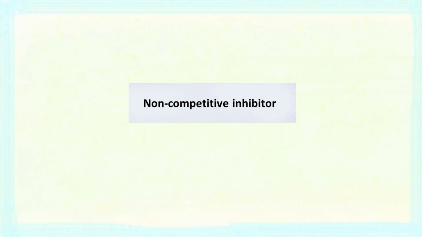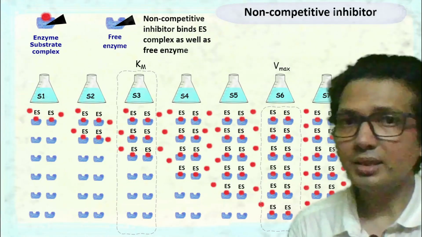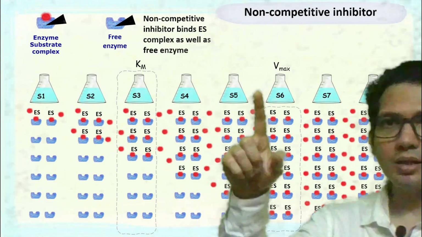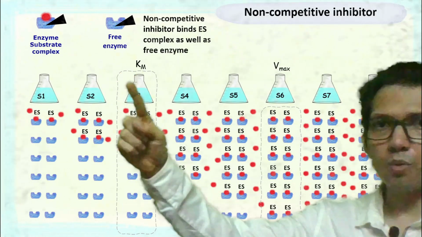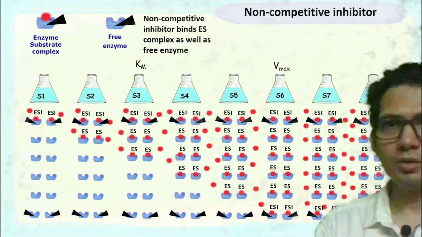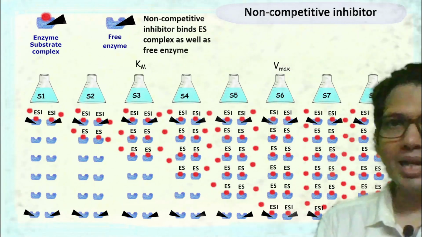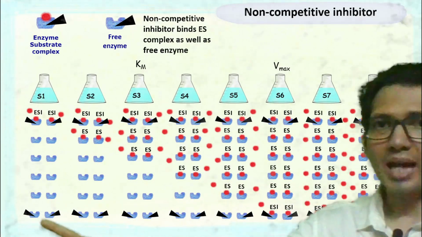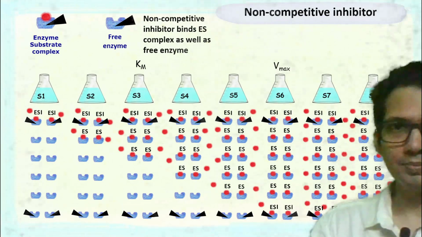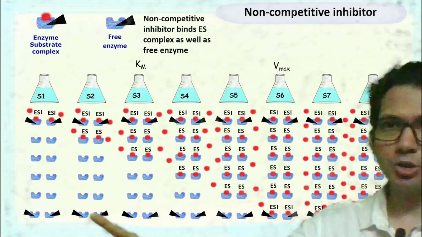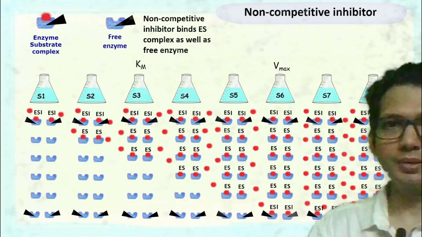Now let's discuss non-competitive inhibitor. Let's say this is the reaction condition in absence of inhibitor. This one is our Vmax, this one is our Km. So when the inhibitor is added, the inhibitor binds the ES complex as well as the free enzyme. So this one is the binding with ES complex, this one shows binding with free enzyme.